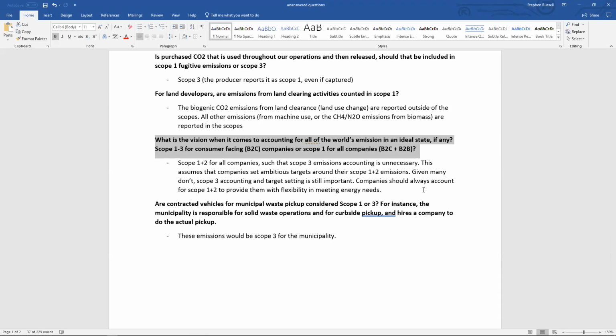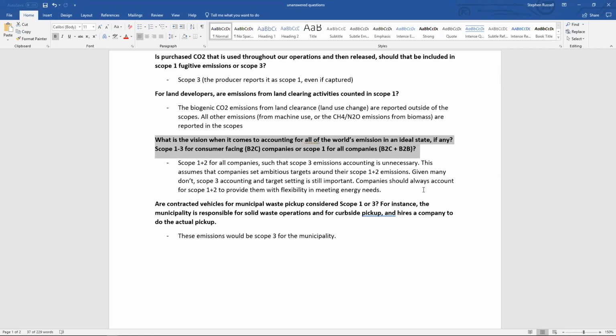And in that ideal state, every company would be setting ambitious targets for their Scope 1 and 2 emissions that are in line with what science tells us is necessary to reduce global warming to below 2 degrees above pre-industrial levels. However, that's not the case. Most companies don't report their Scope 1 and 2 emissions, and many companies have not set ambitious Scope 1 and 2 targets. So given that, it's still important to report on Scope 3 emissions.